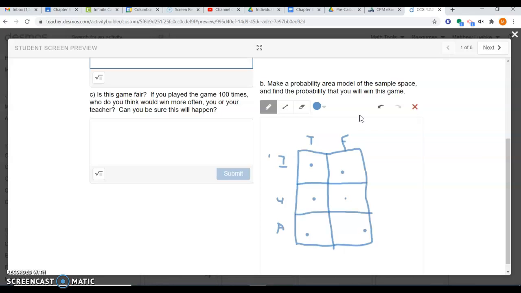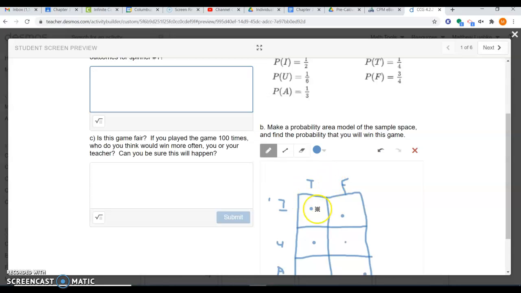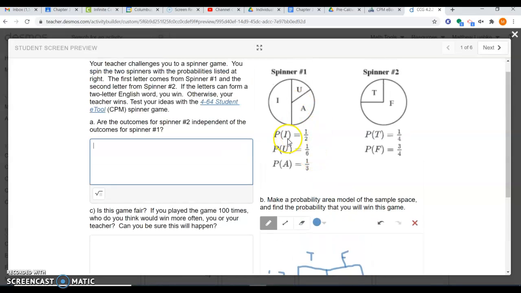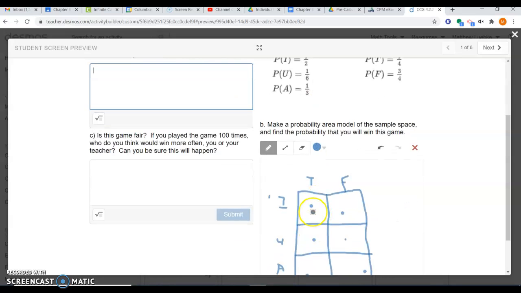So you want to find the combination probability of all the English words. I can give you one just to see: this box here, IT, is one of the boxes you would need. There should be a couple in there, and you want to add those boxes that would let you win, and so you can get the total probability there.